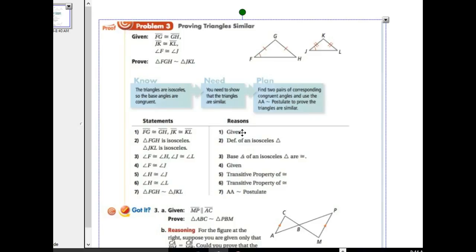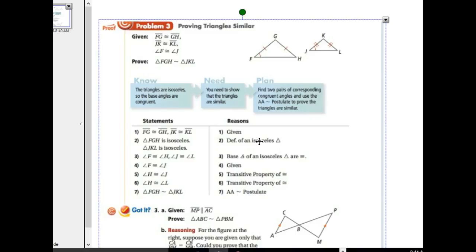Triangle FGH is isosceles, and that comes from the definition of isosceles, the same way that JKL is isosceles, because when these two sides here, in either one of them, are the same, that's the definition of isosceles. And remember, for a proof, you have to have a reason for why you do everything you do in the problem.